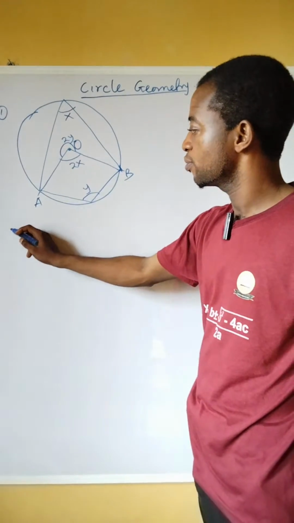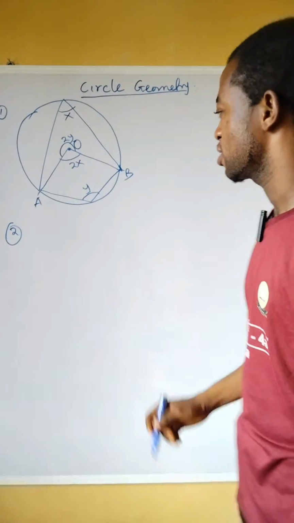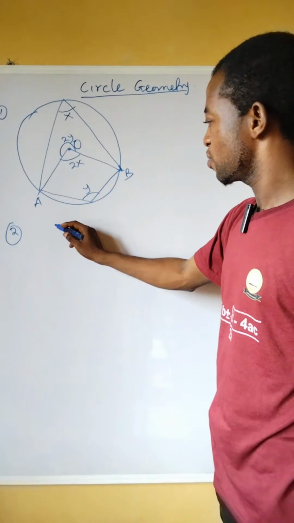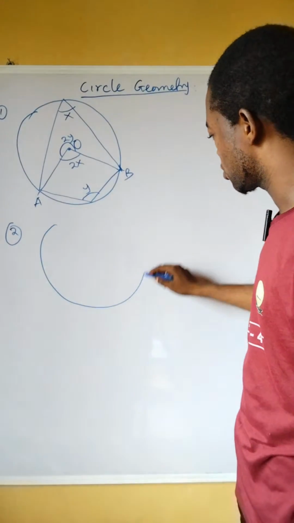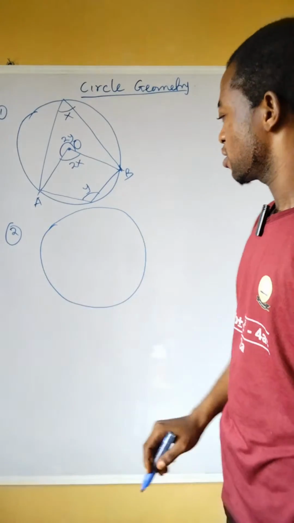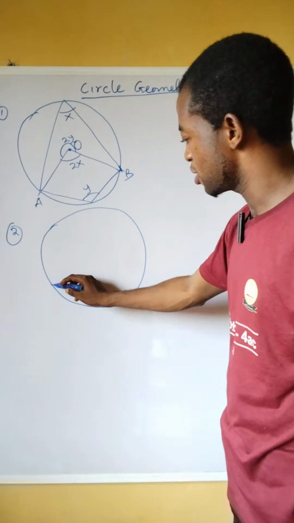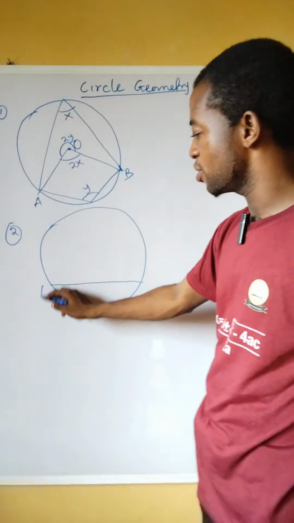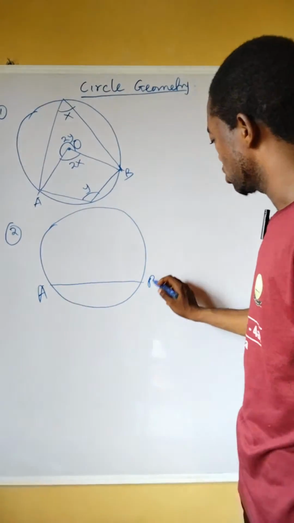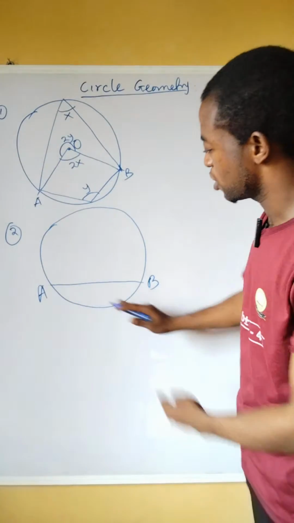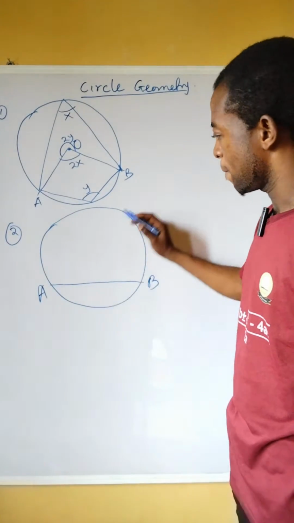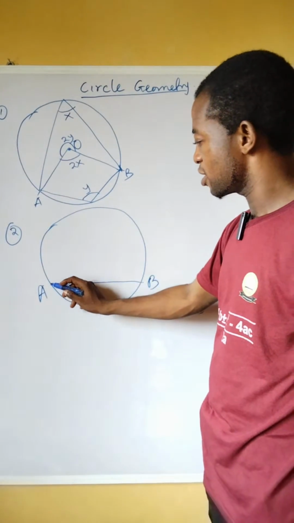Now the second theorem says the angles subtended by a chord or an arc in the same segment are equal. Let's consider a chord AB. The angles obtained by this chord AB in one segment are equal.